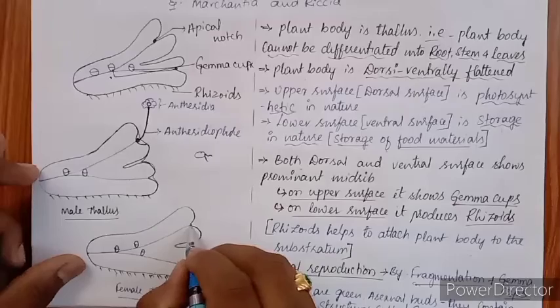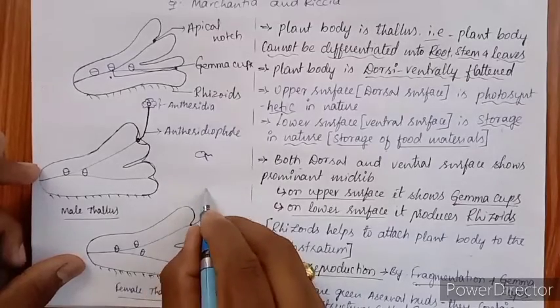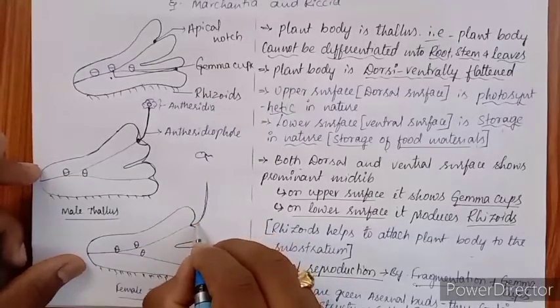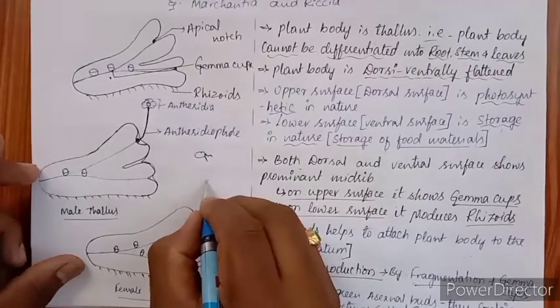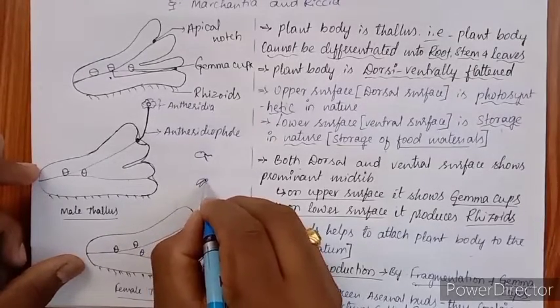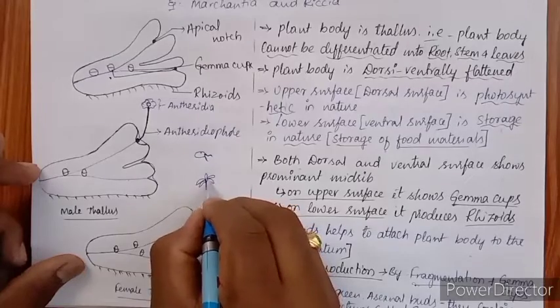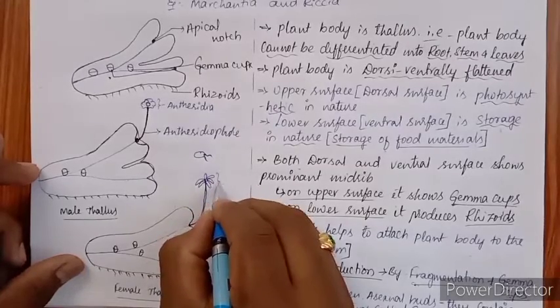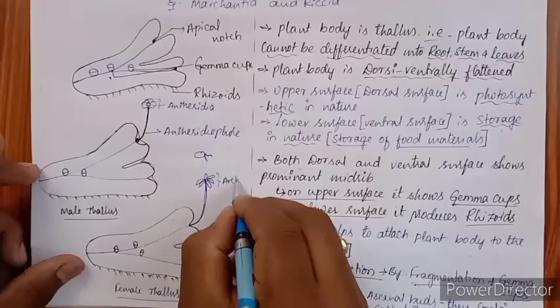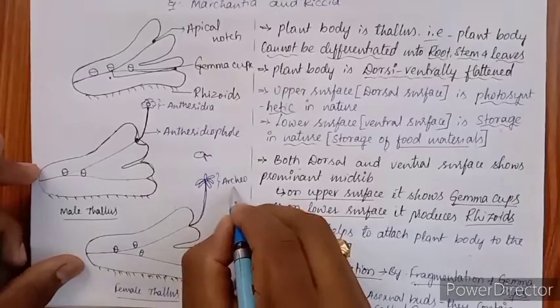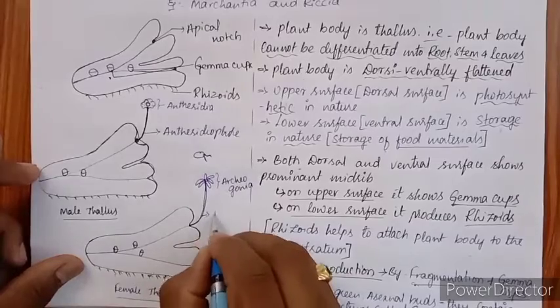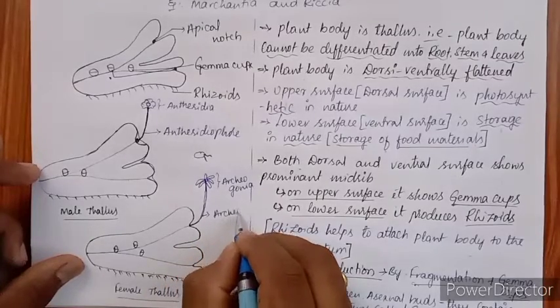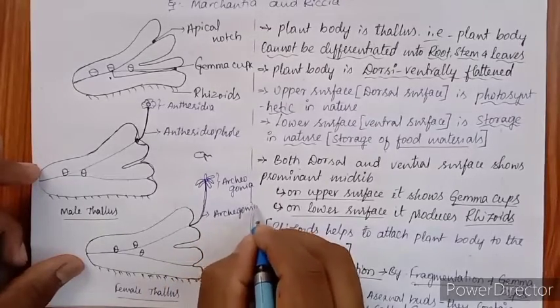And this is the apical notch. From the apical notch, there is a formation of a stalk called pore, and this is for the formation of archegonia. See, this is called archegonia, and this structure is called archegoniophore.